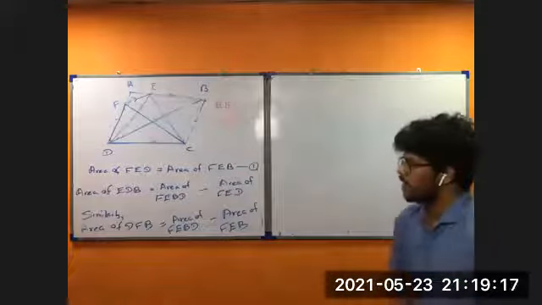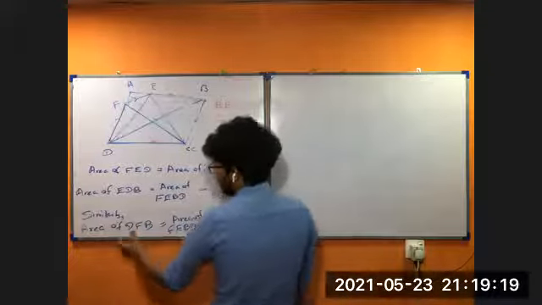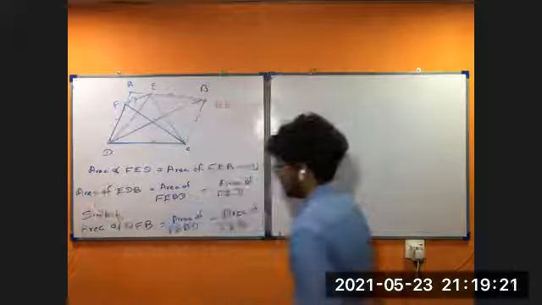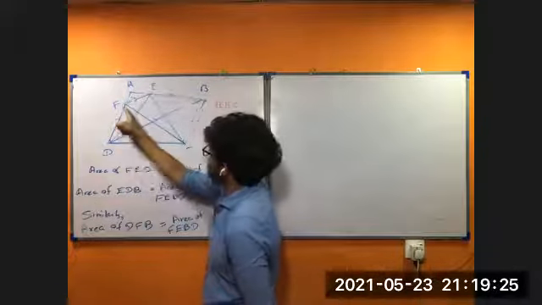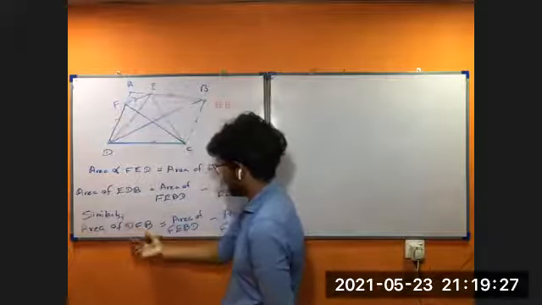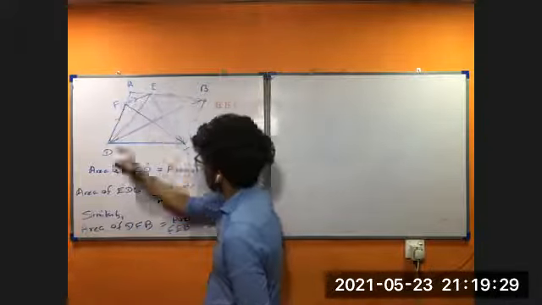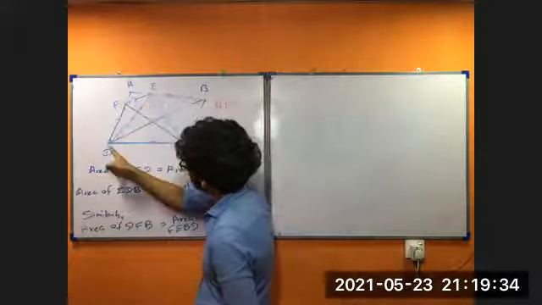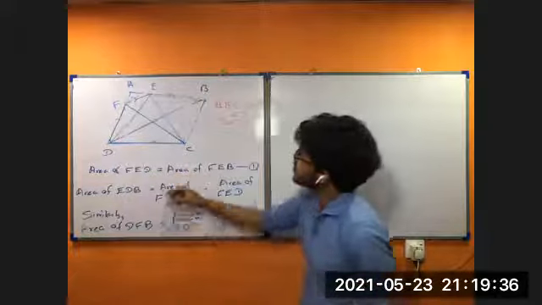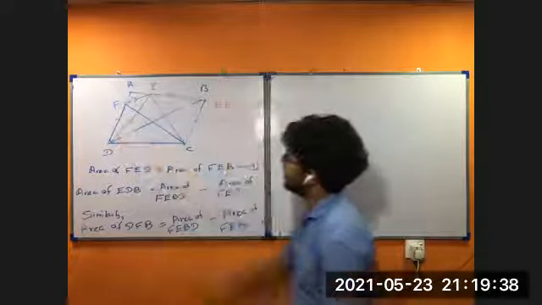So now I know area of DFB and the area of EDB, right? So what is my DFB? Area of DFB is this, and area of EDB is this, right?